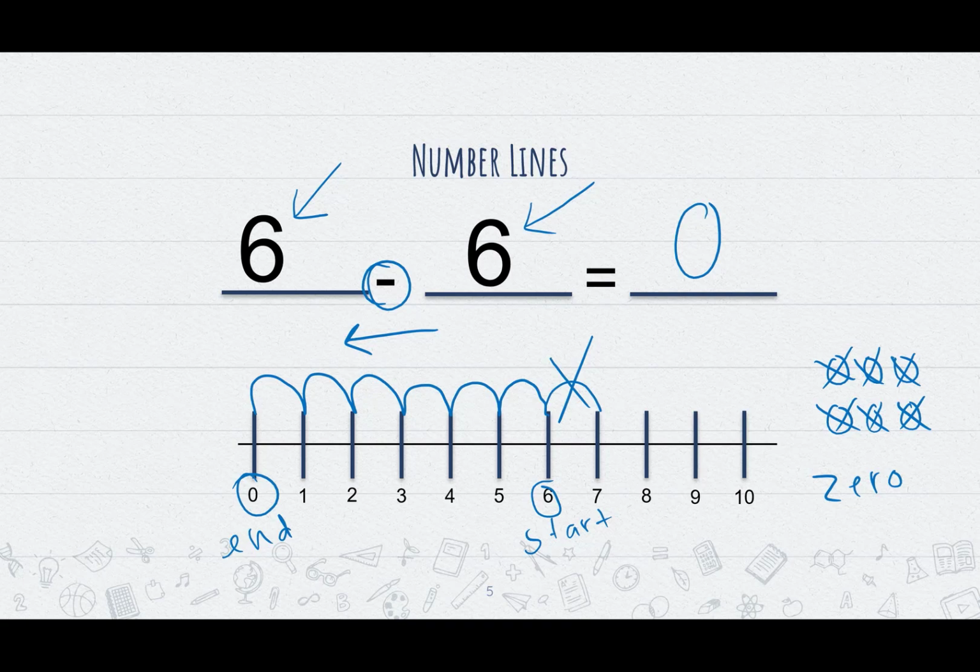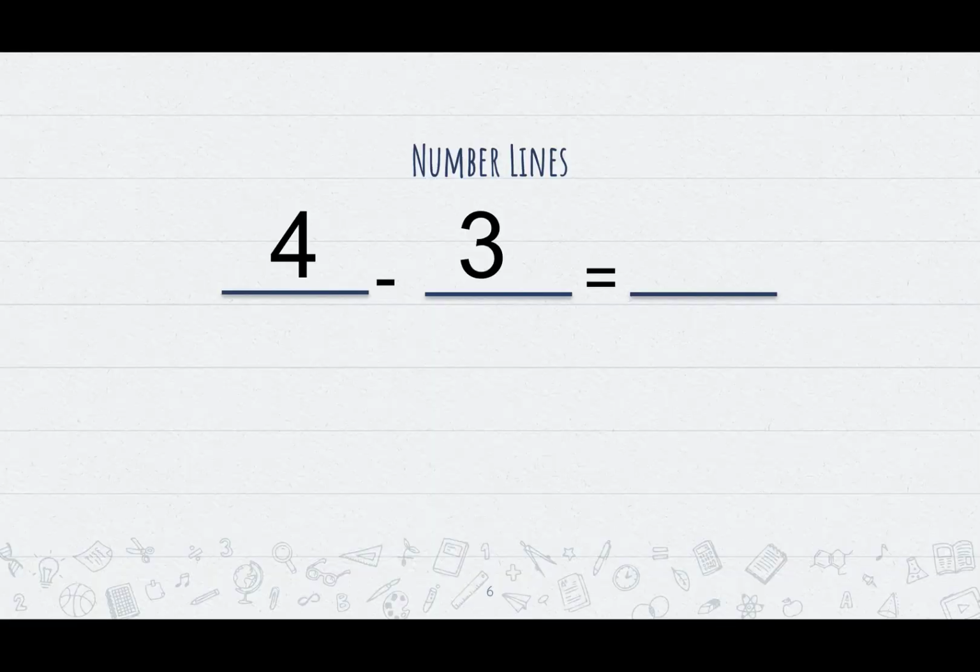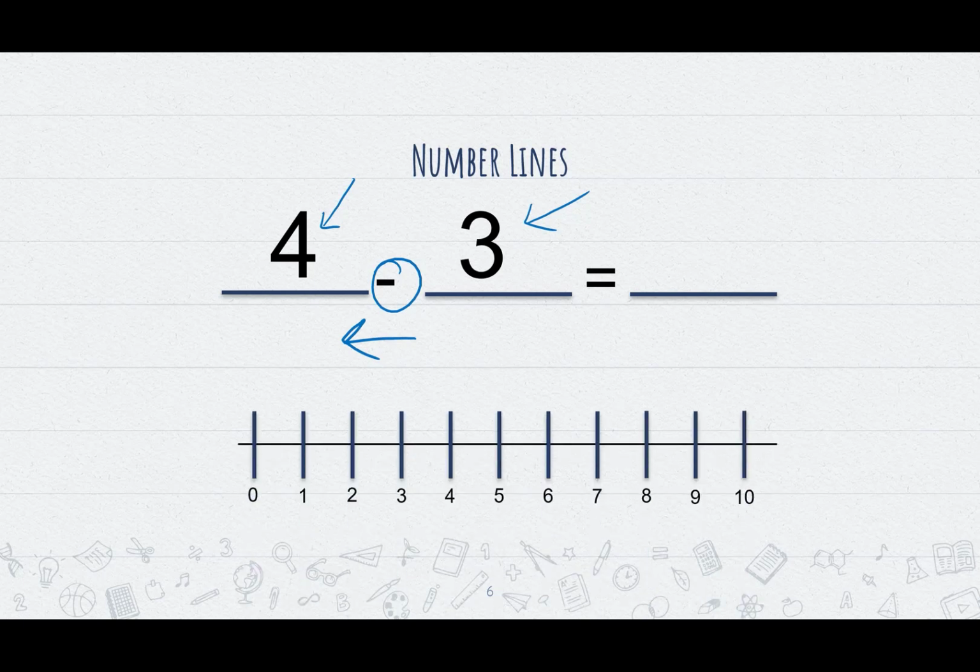All right, let's try one more subtraction problem. Remember, this is where we're going to start on our number line, this is how many hops we're going to go, and this tells us what direction to go. So we know we're going to go this way. So we start on 4. We find 4 on our number line, and we're going to go 3 hops backwards. 1, 2, 3, and that gets us to 1.